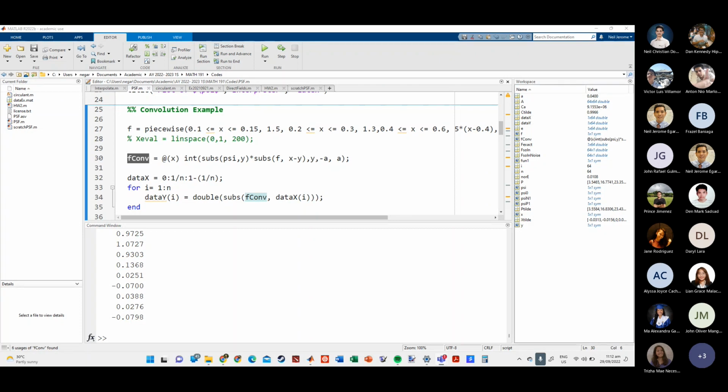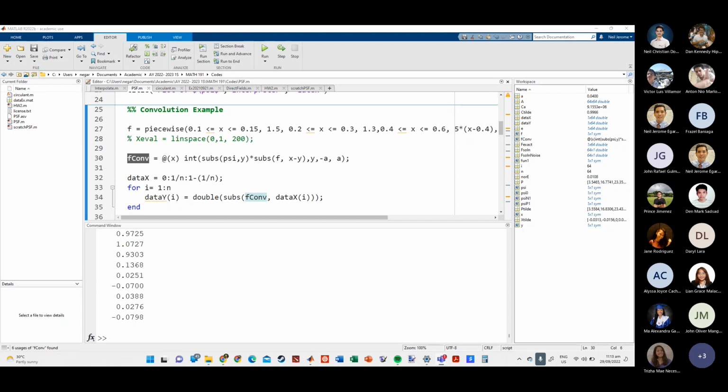So, pwedeng mag-insert kayo kung ang function nyo ay multivariate, tapos with respect to one variable lang kayo mag-i-integrate. So, pwedeng after the integrand, ilagay nyo kung ano yung integration variable. Pero binigyan ko si y. So, after nung integrand, dun sa loob nung int command, nilagay ko yung variable of integration y.